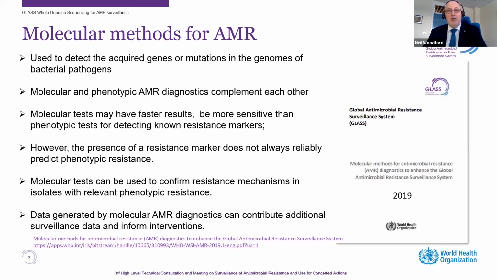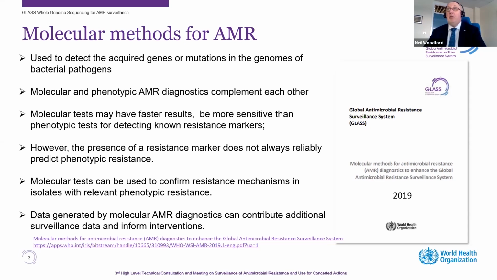So the document that you're seeing here on the right was published on the WHO website last year, 2019, and set out to identify how molecular methods could be used to complement the existing phenotypic methods being promoted by GLASS.